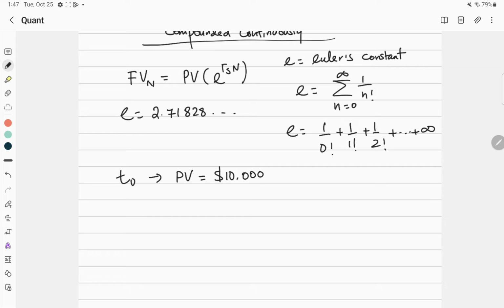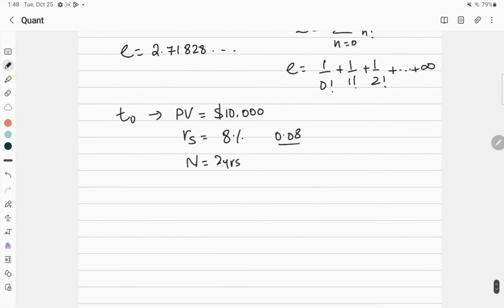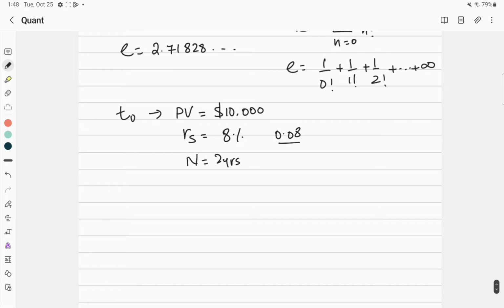Let's say you've invested that into a certificate of deposit account at a bank, and that certificate of deposit gives you a stated annual interest rate of 8%, that's 0.08. The maturity period for this certificate of deposit is 2 years. Now the question is, with continuous compounding, what will your $10,000 investment be worth after 2 years?